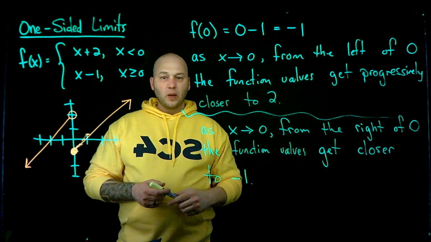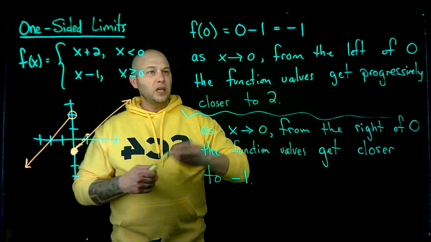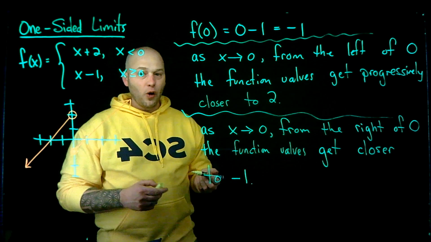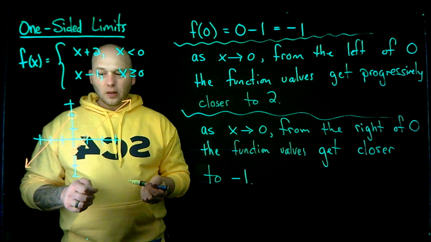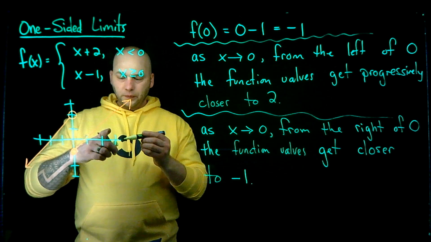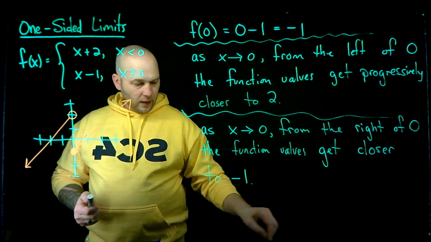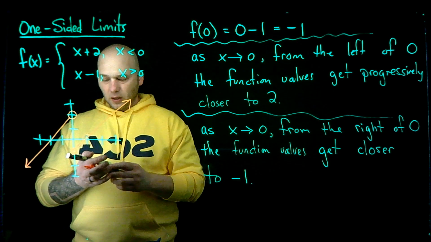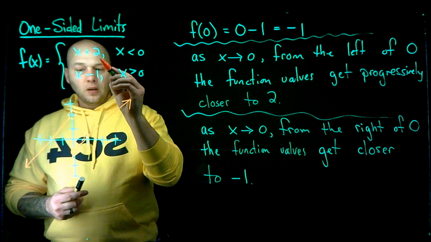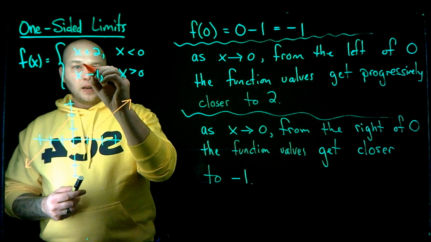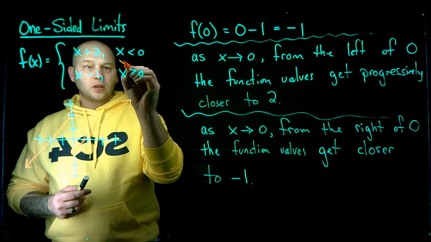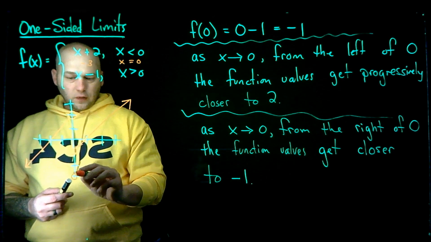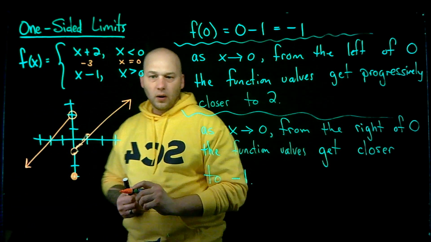Negative 1 happens to also be the function value, but these three different concepts are all independent. They could have all three different values, because I could have just as easily altered it as follows. I could have said x minus 1 when x is strictly positive, and it is, let's say, negative 3 when x is equal to 0, which would have then put the function value down here.